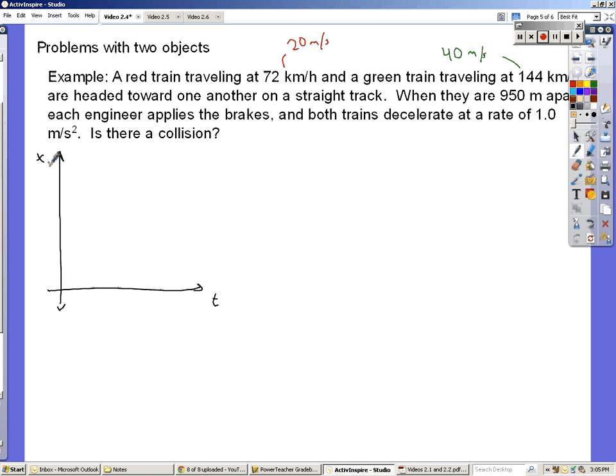position and time. We've got the green train like that, and the red train like that. Notice in this case, there's no collision.